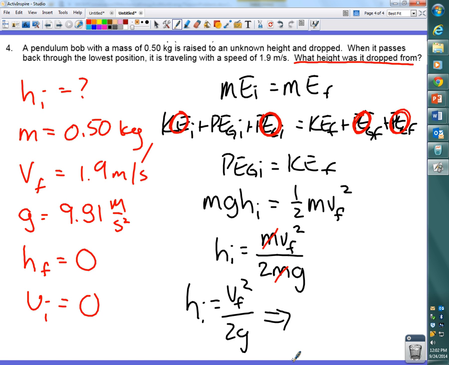If you are using your TI graphing calculator, on the bottom of this fraction is 2g. Make sure you use your parentheses properly. Don't type in 1.9 squared divided by 2 times g, because it will do the order of operations and you will get the incorrect answer. Make sure you use your parentheses properly.